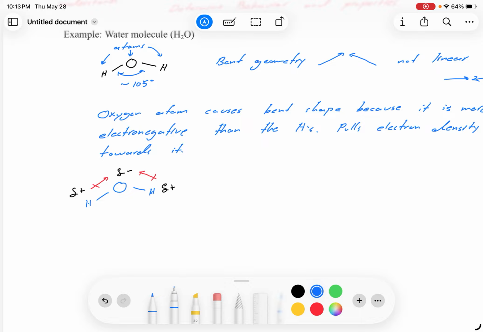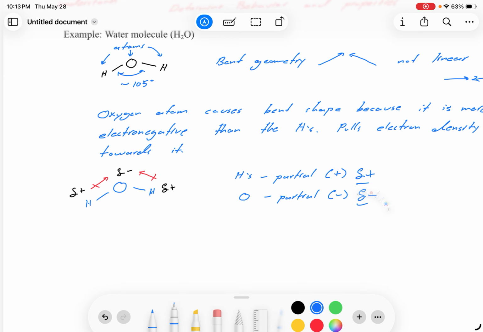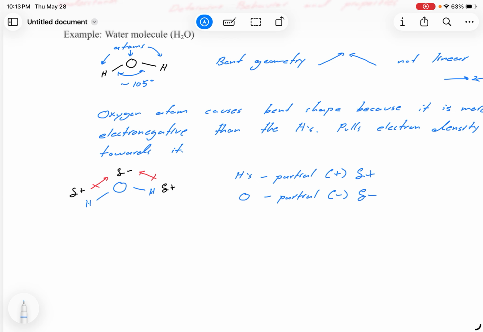So the H's are partial positive. Yeah, the O is partial negative. And these Greek letters are called delta, and they are used to represent the partial charges.